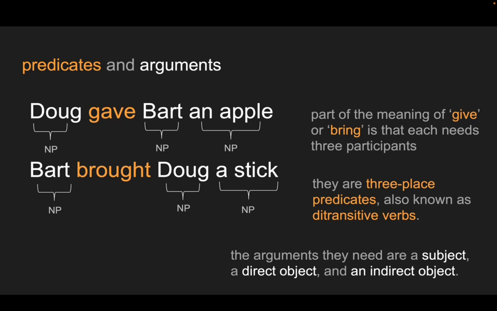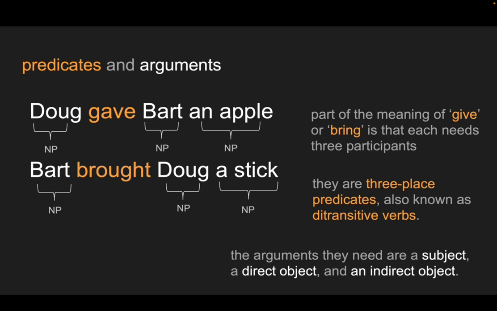So we've seen two-place predicates, those are called transitive. We've seen one-place predicates, those are called intransitive. Lots of languages, maybe all languages, also have at least a few predicates that need three participants. These are much less frequent than one-place and two-place predicates, but they exist.